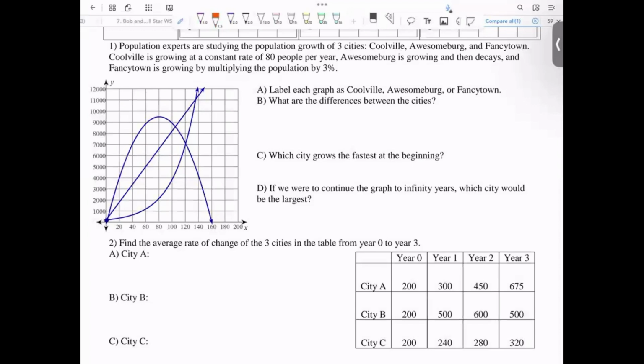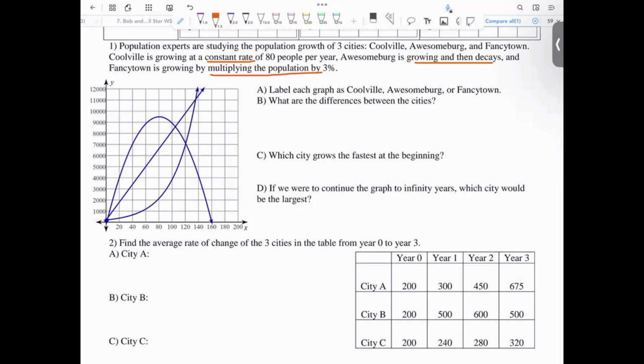All right, so on number 1, we're looking at 3 cities: Coolville, Awesomeburg, and Fancytown. Coolville is growing at a constant rate of 80 people per year. Awesomeburg is growing and then decays, and Fancytown is growing by multiplying the population by 3%. So when we see constant rate, that should alert us that that one is going to be linear.